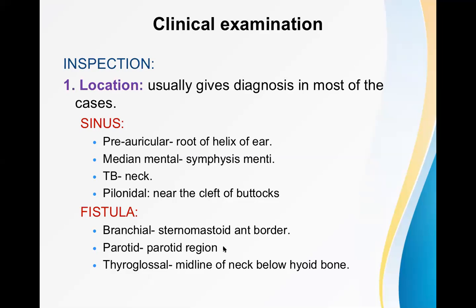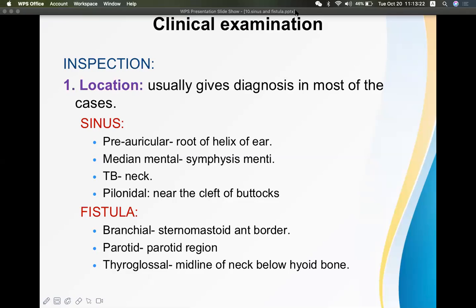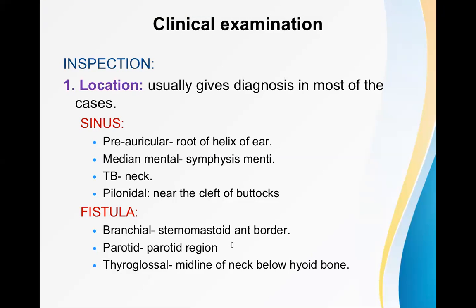Parotid fistula is seen in the parotid region. Now, where is the parotid gland present? Where is the location of the parotid gland? Below the ear. Okay. Now remember, one very easy way I will teach you here, then you will never forget it.